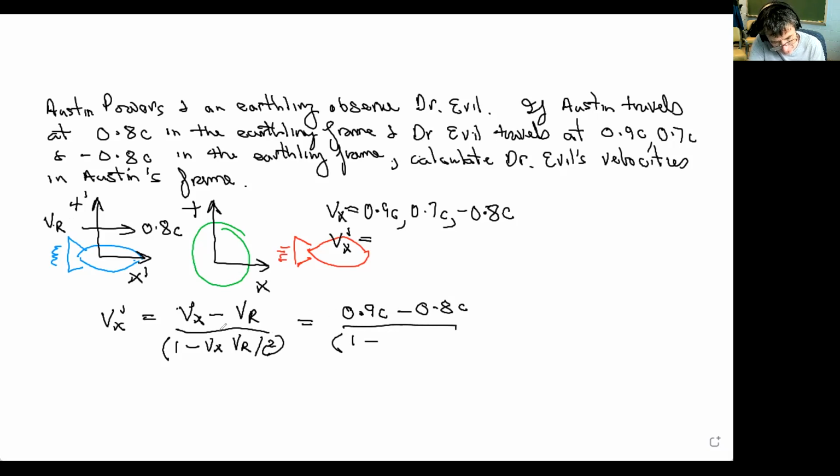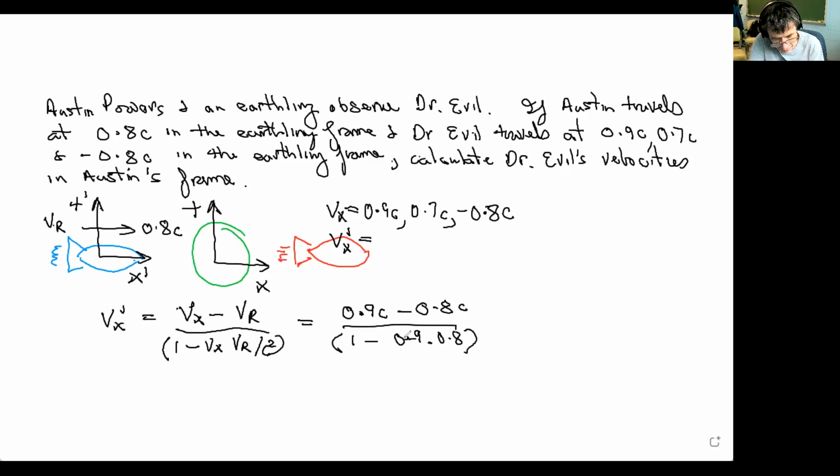And that new piece involves the product of Vx and Vr, so 0.9 times 0.8 divided by c squared. But the Vx is 0.9c, the Vr is 0.98c. So the c's actually all cancel out.